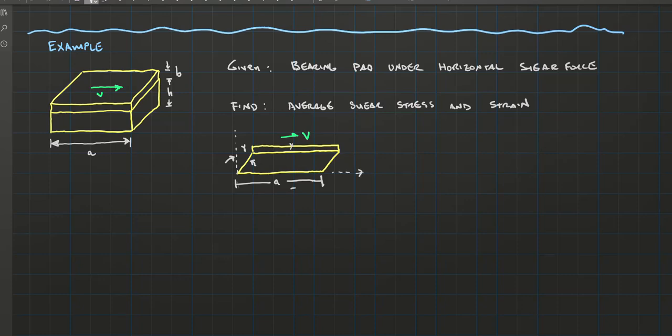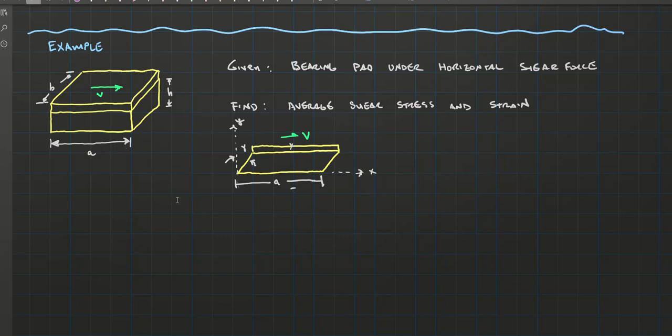I suppose we're going to define it as positive because we'll make this X and this Y. And I just realized I drew B incorrectly, so B is actually the width over here, H is the height of the pad, and A is the length.